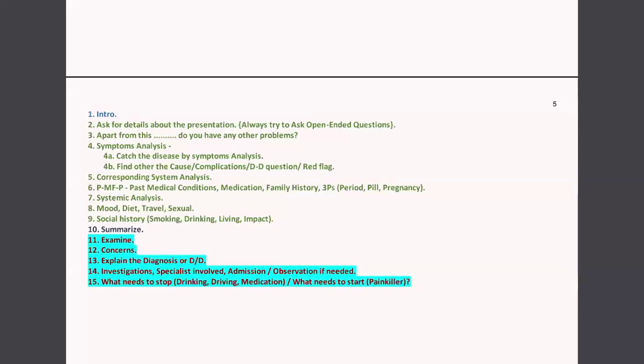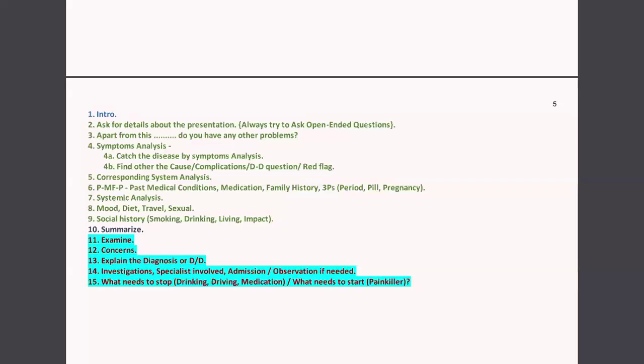And then you have to explore the symptoms one by one. We call it symptom analysis. For a patient with confusion, we will go to that later in our discussion, but for any symptom, you have to explore it. We can ask about onset, course, duration, exacerbating factors, relieving factors, and any other associated symptoms.